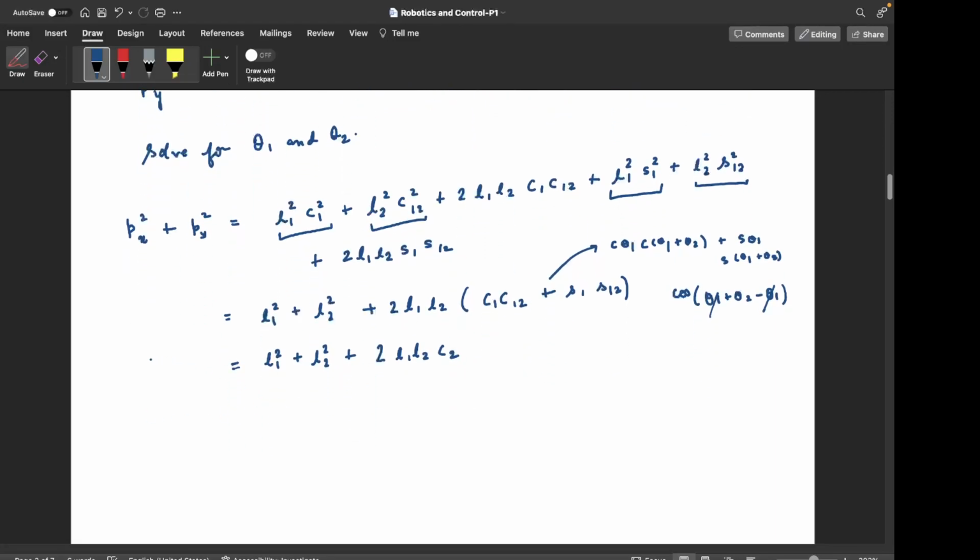So from here you can see that on the left hand side, we know L1 and L2, so the only unknown in this equation is cos theta 2, and thus we have the expression for our first angle.